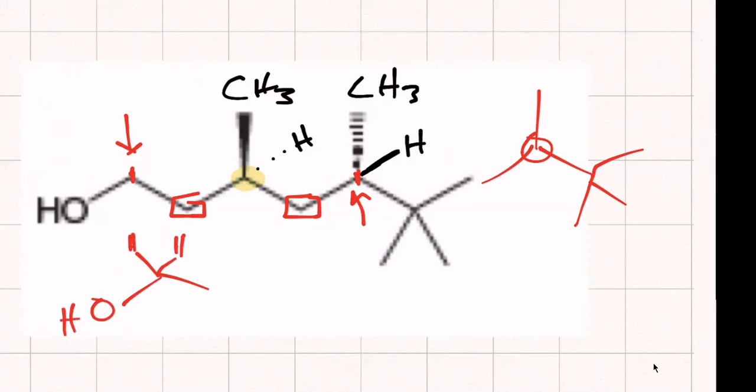So the branch carbon is going to supersede it. I know it sounds weird because there's an oxygen there, but that's just the IUPAC rule that we have to follow. If it was wedged, would it still be the same? It would still be a branch point. Are we good so far?